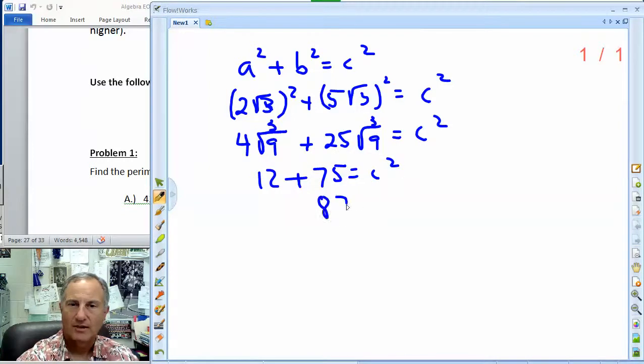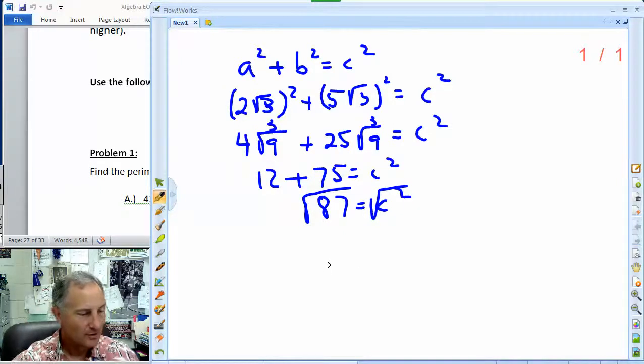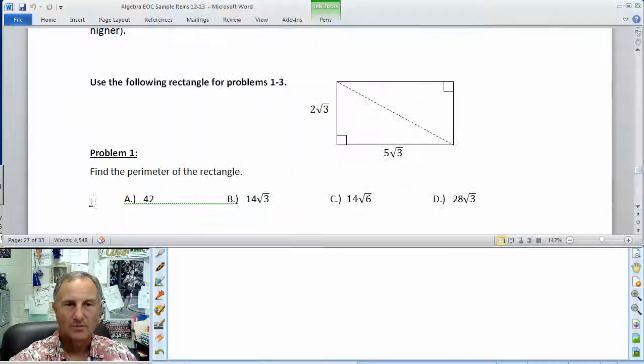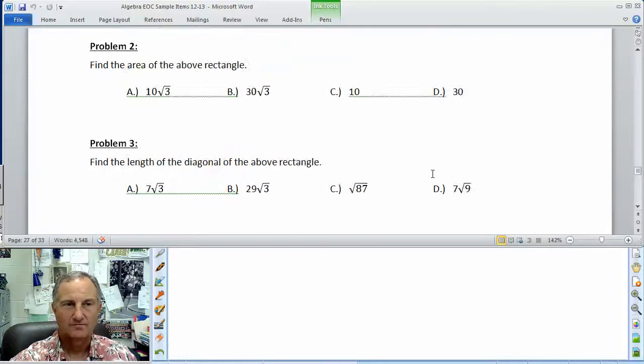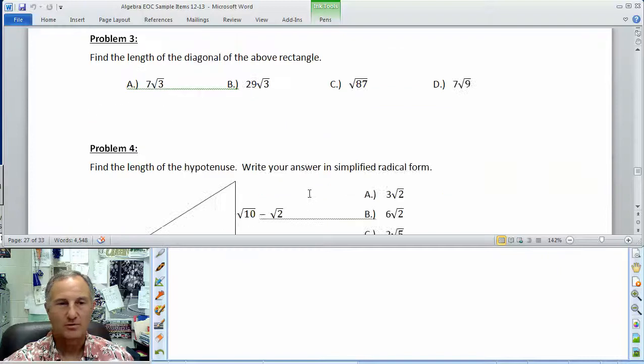So we got 87 is equal to c squared. We want the square root of that. For our c, the square root of 87 is answer C. Boom, right there. Okay. Notice they're all in radical form here. There is no perfect square that goes into 87, so that's it. All right. If you saw a bunch of decimals here, then we would have actually square rooted it with our calculator.